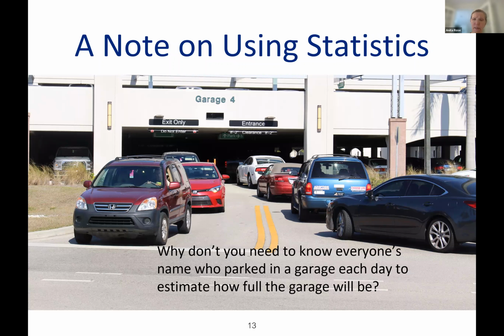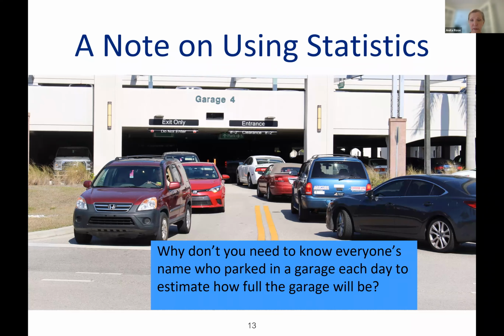There may be some other data that we may want to gather, but their names are not important. Maybe something that would be of importance is that they have an FGCU parking ID. That might be important, but their names really are irrelevant to our study if we're studying the cars in the garage, right? So we can look at how full the garage will be in that scenario.